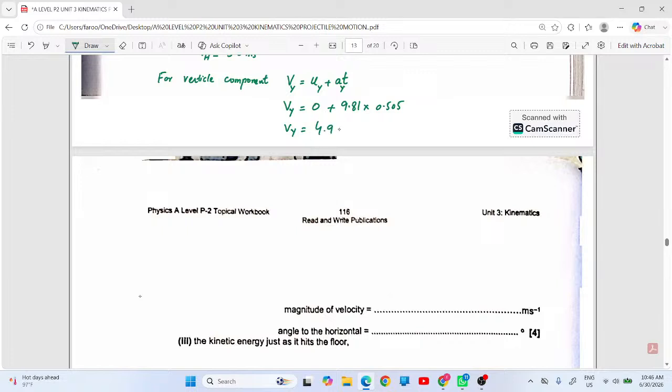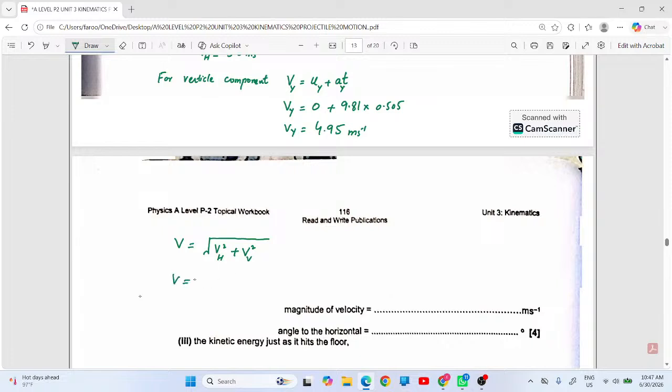Now, what's the formula for the magnitude of the velocity? रूट वाला लगा देते हैं. So magnitude of the velocity is square root of the final horizontal component of velocity squared plus the final vertical component of velocity squared.